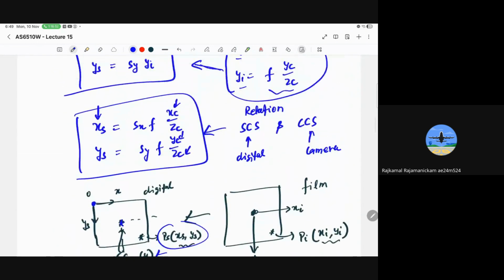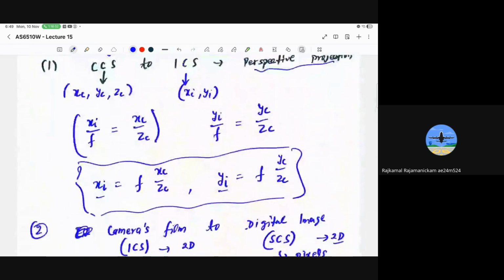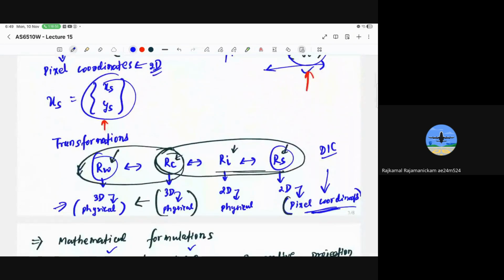So if we go back here, we have now found the relation for this part, where the camera coordinate system is related to the digital image coordinate system, that is, the sensor or pixel coordinate system. In between, you have the film coordinate system. So we have done this part.